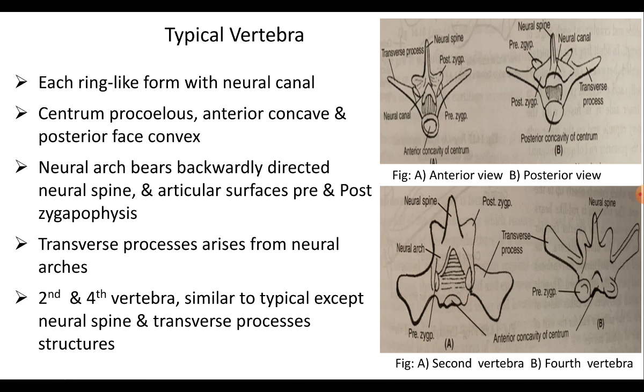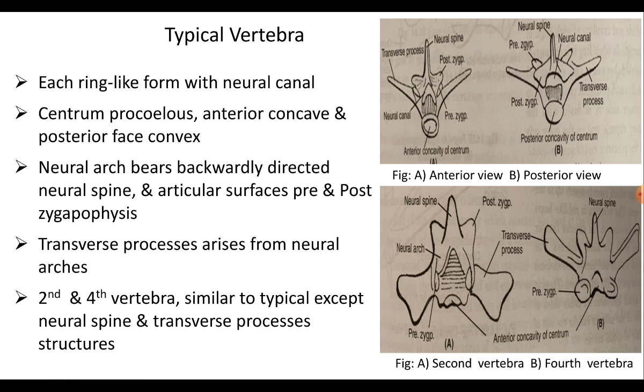At the sides of neural arch, it bears a pair of elongated outwardly directed processes called the transverse process, which extend almost at right angles to the body. The anterior and posterior margins of neural arch bear articular facets called pre-zygapophysis and post-zygapophysis respectively.